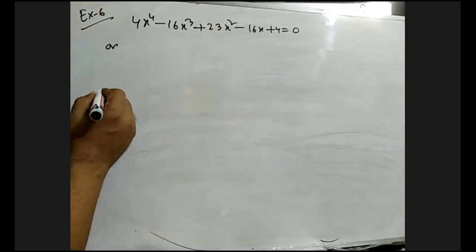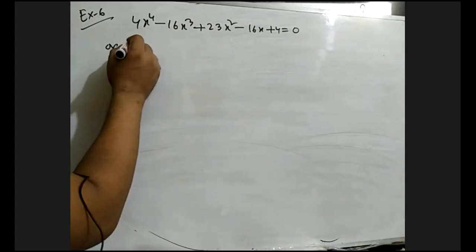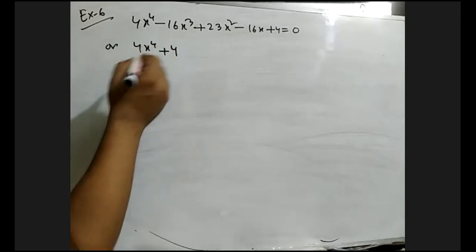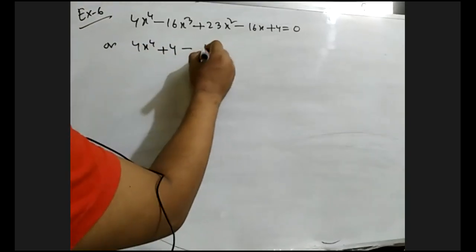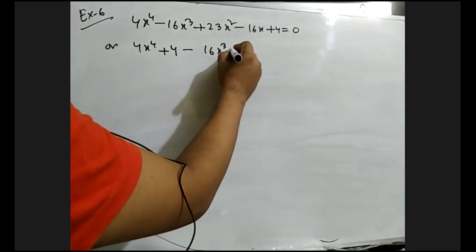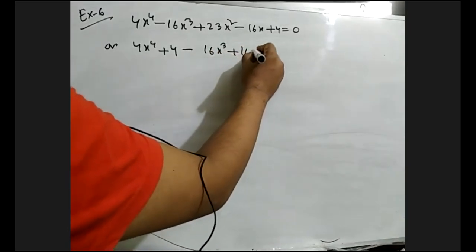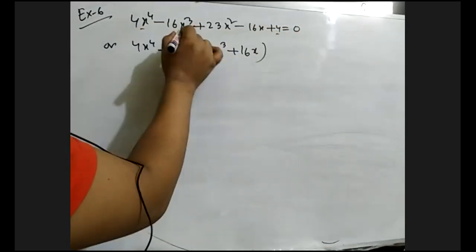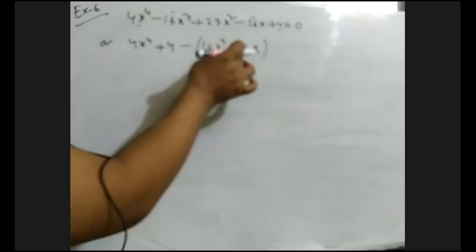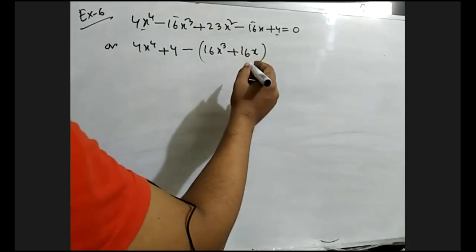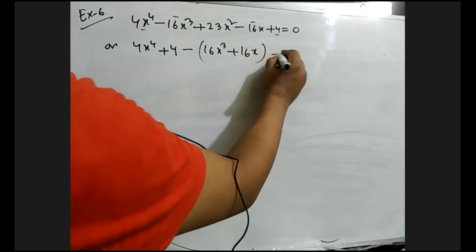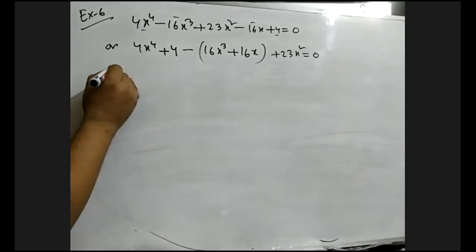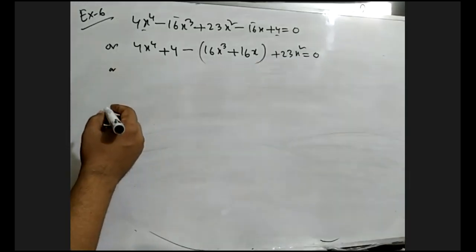Or this can be written as 4x to the power 4 plus 4, minus 16x cube plus 16x from these two. Okay, just this and this and this and this. Then we can write plus 23x square, just arranging the terms.